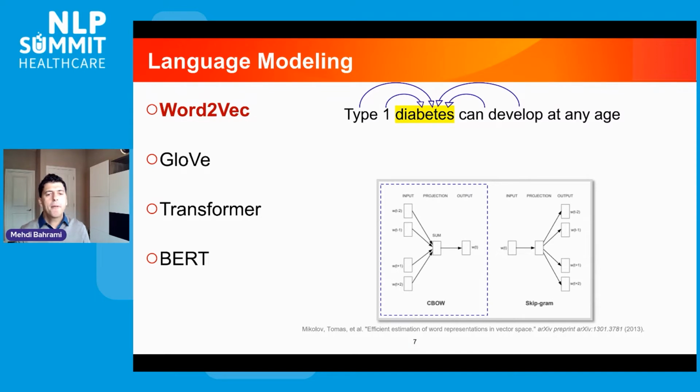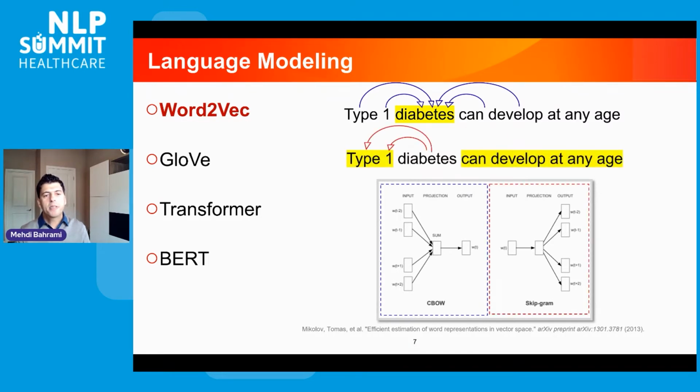Another approach is skipgram, which selects diabetes and then looks at one word before, two words before, one word after, and two words after. In this case, we're considering a sliding window with size of 2.